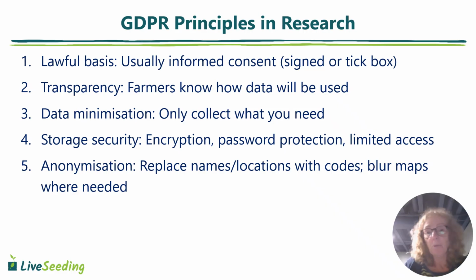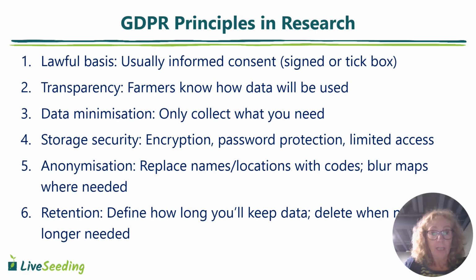So you need to think about how to make that data set useful, but not jeopardizing personal data of those involved. And part of it's also about defining how long you'll keep that data and when you're going to delete it, when you no longer need it.